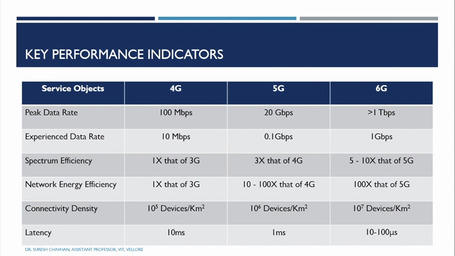Suppose the data has to reach B in 3 milliseconds, but it is reaching in 4 milliseconds, meaning the latency here is 1 millisecond. So for 4G it's a maximum of 10 milliseconds, for 5G it's 1 millisecond, and for 6G it's 10 to 100 microseconds.